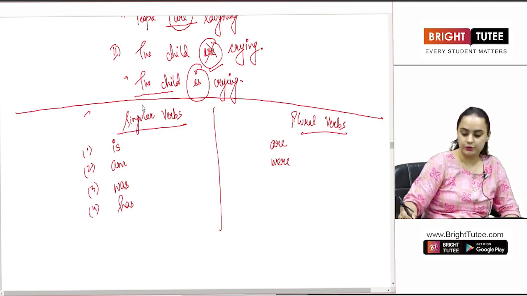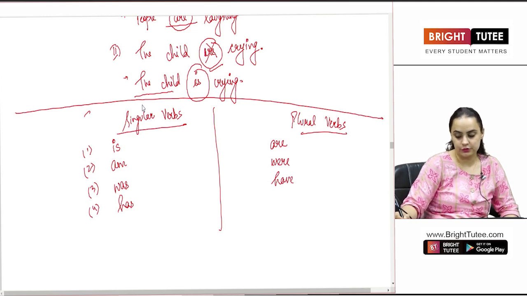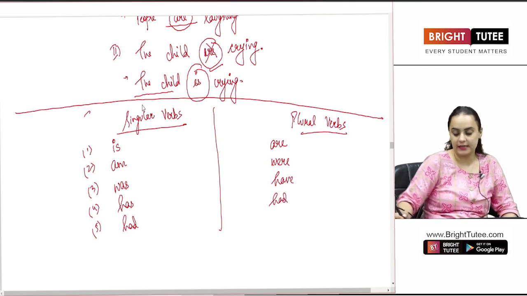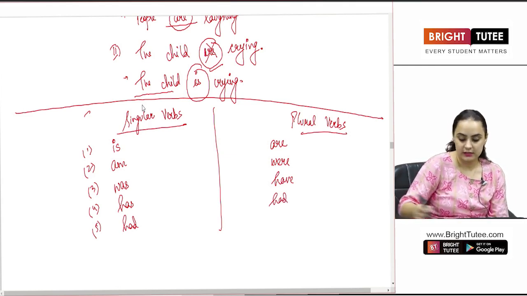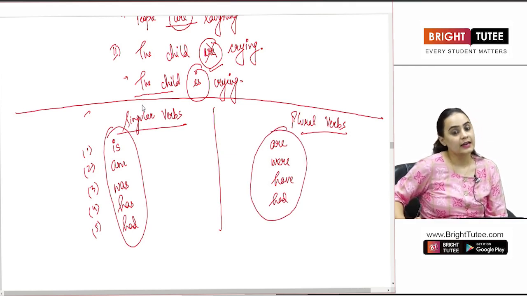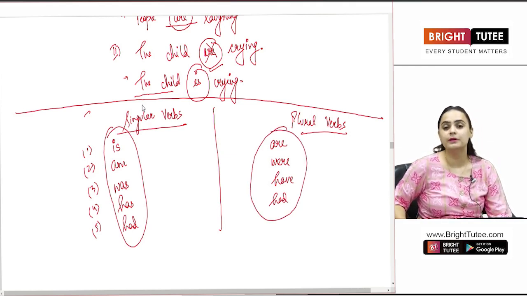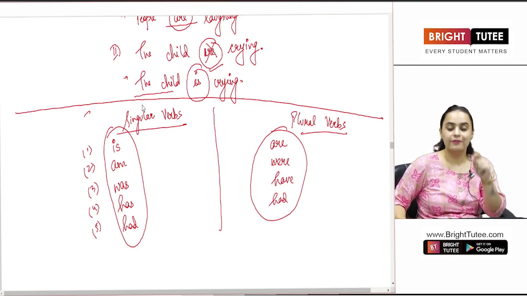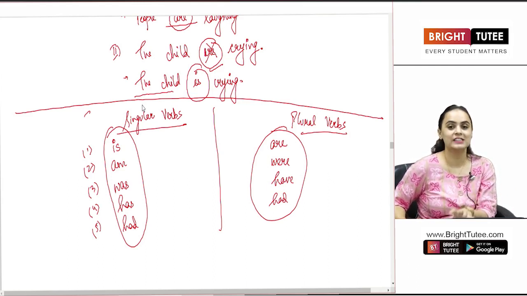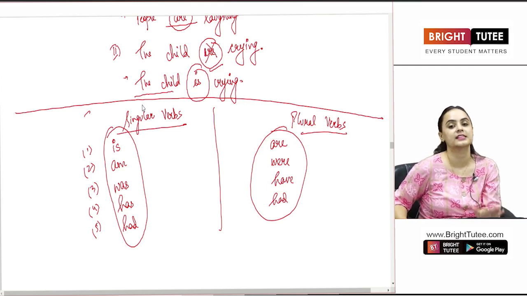Has is used with singular, have is used with plural, and had can be used with both singular as well as the plural. So these are my helping verbs, and I have to keep in mind that whenever I use my verb in a sentence, it has to agree with the subject.